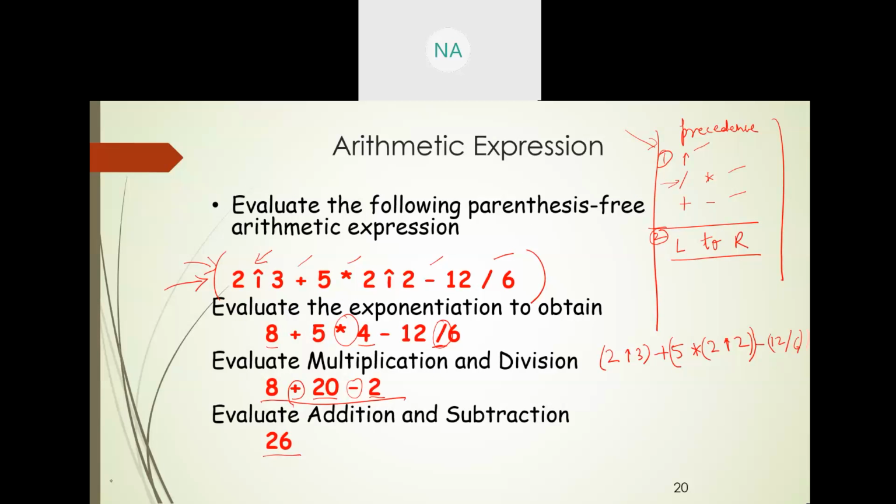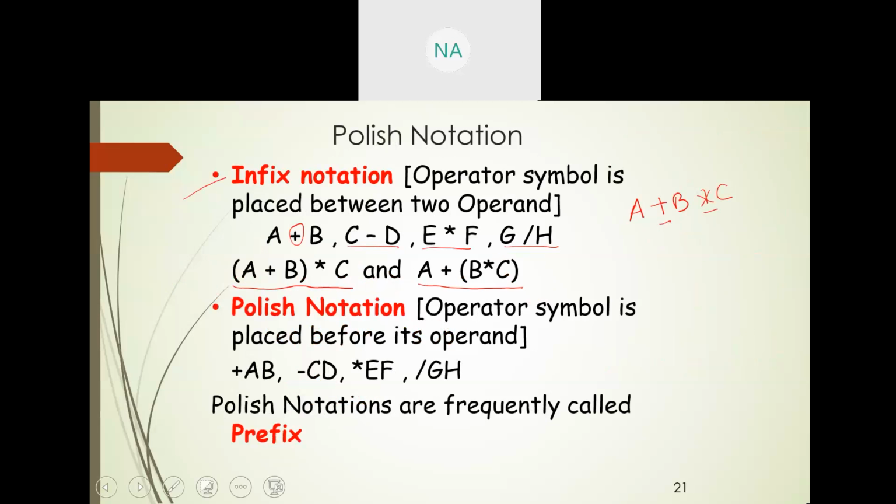For example, in some programming languages, some operators are evaluated from right to left, and some from left to right. Here we have considered a very simple example which has only 5 operators. There are more operators, so more levels of precedence are also defined, right? So this is infix notation.